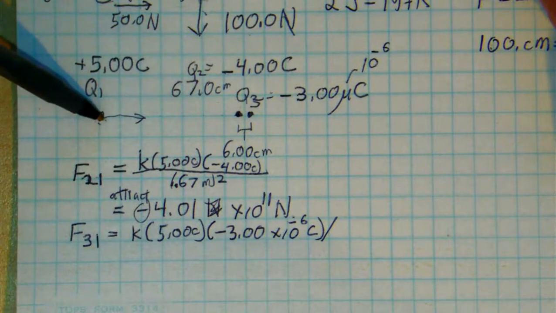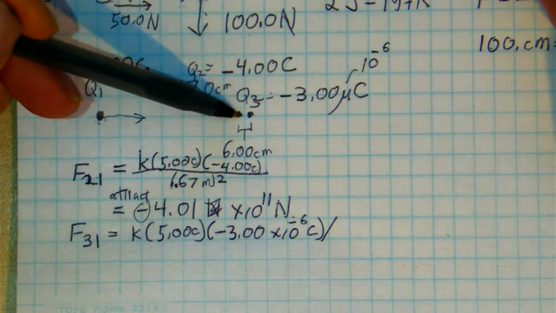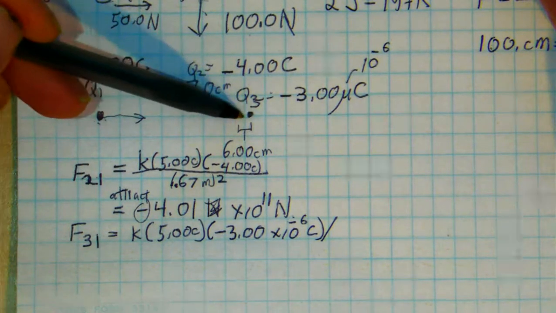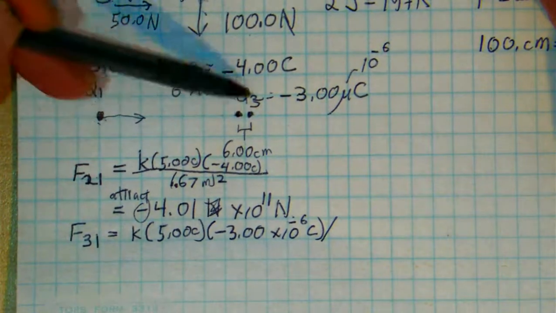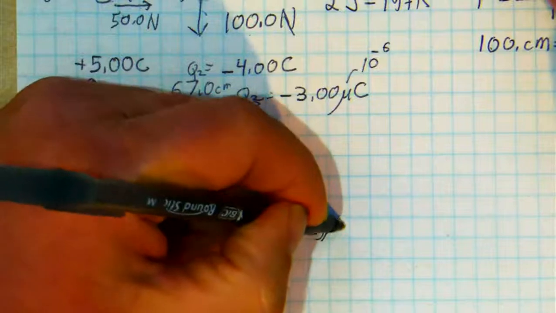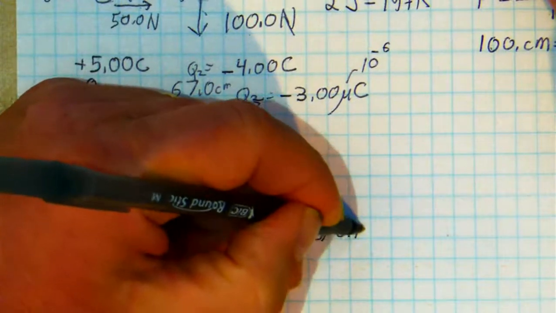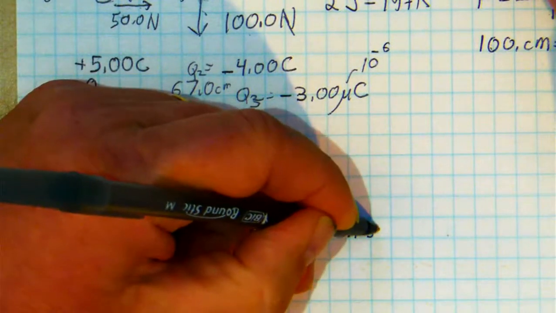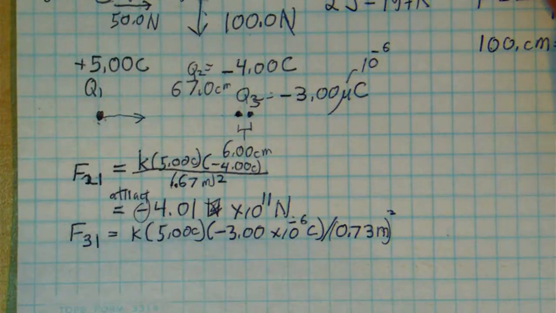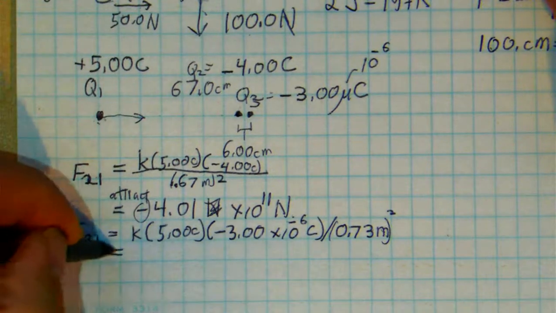Well, first I go 67 centimeters, then I go an additional 6 centimeters. So the total distance is 73 centimeters. I convert 73 centimeters to meters by dividing by 100 and square it.